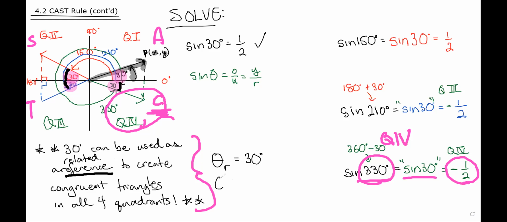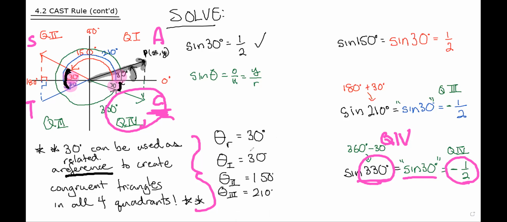This means the angle that I'm dealing with in quadrant 1 is the same thing. The angle that I'm dealing with in quadrant 2 is, if this is the 30, then the angle I'm dealing with would be 150. The angle that I'm dealing with in quadrant 3 is 210, and I didn't give myself enough space. And the angle that I'm dealing with in quadrant 4 is 330.